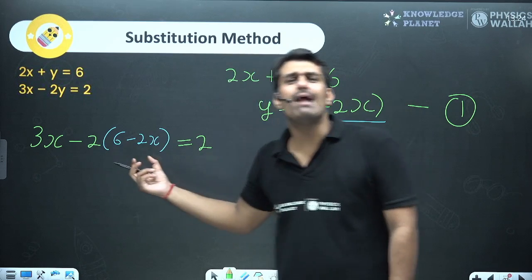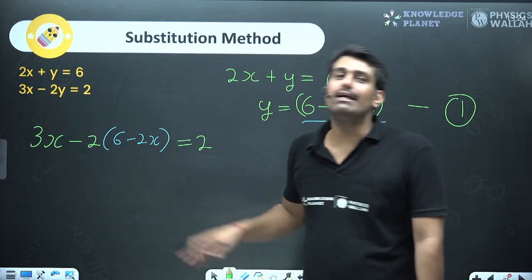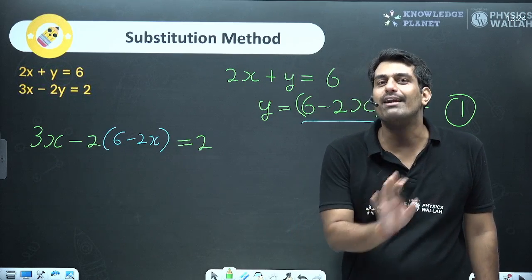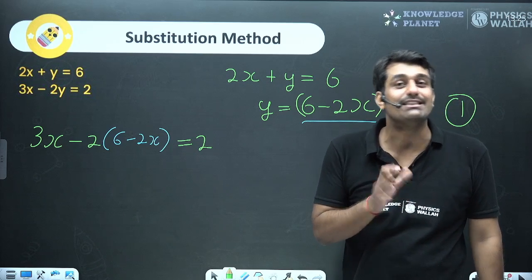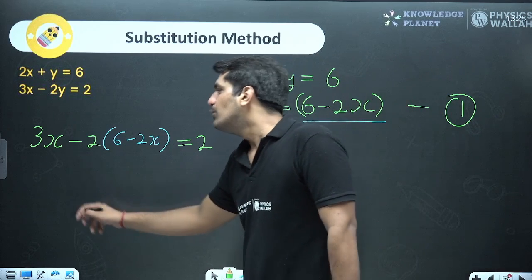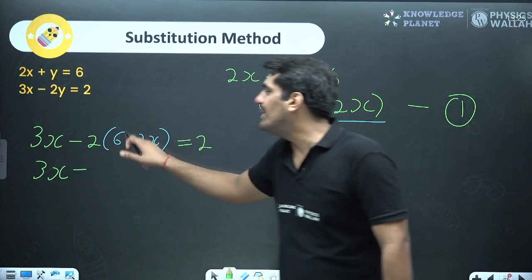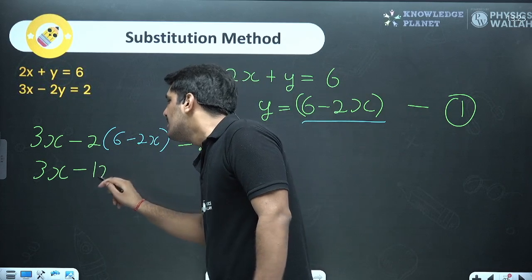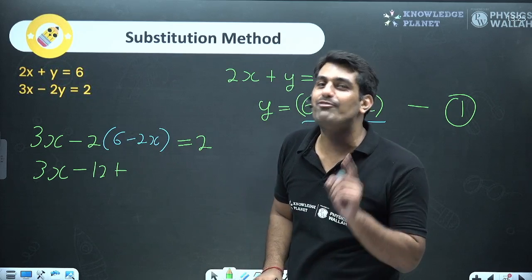Now open up the bracket, do the multiplication and start solving, because now it is converted into a linear equation which you are very comfortable solving, because you don't need any revision to start solving a simple linear equation. Here doing the solution part, 3x minus 2 multiplied by 6, this will come out to be 12. Minus will become positive, because this is the common mistake which you have to avoid.